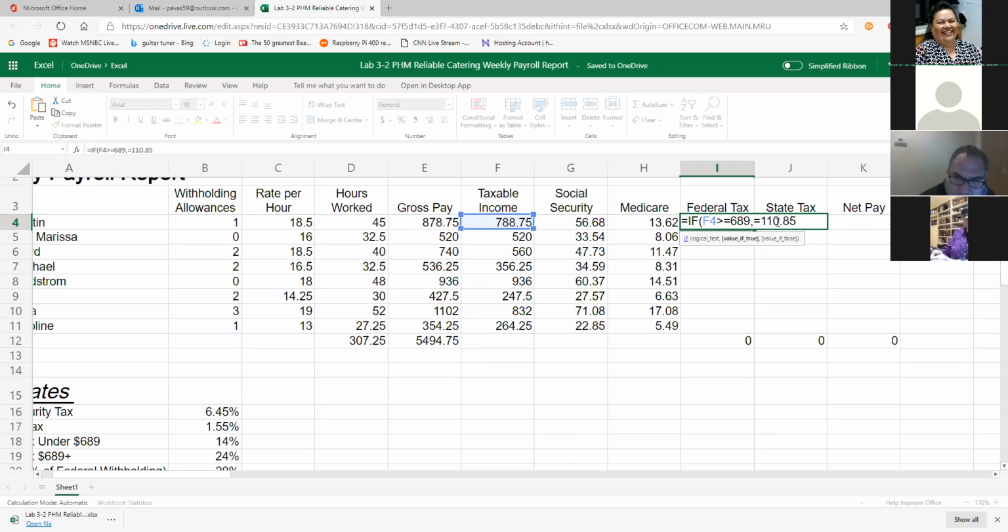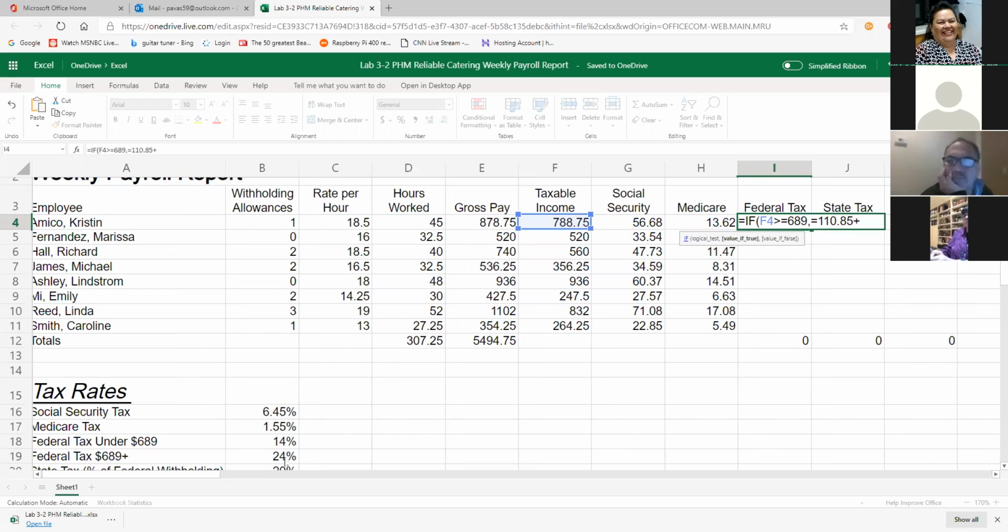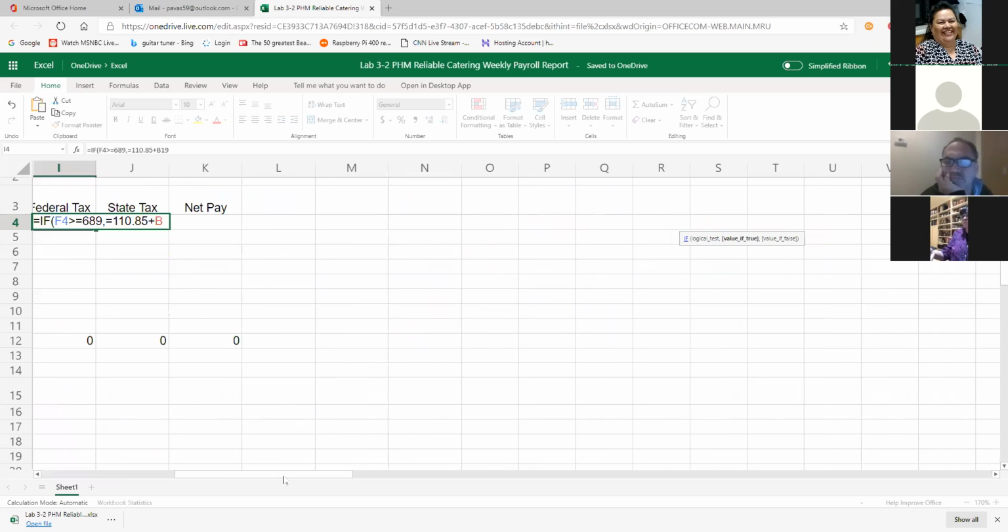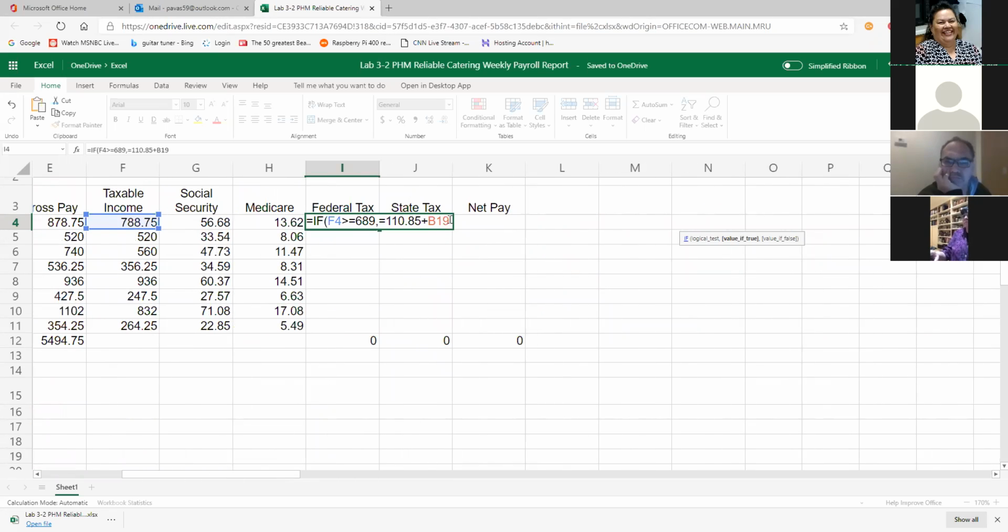Plus the federal tax rate found in cell B19. If it's greater, B19, multiply by the taxable income in excess. It's gonna be that times. I have to do another parenthesis. I think times this.